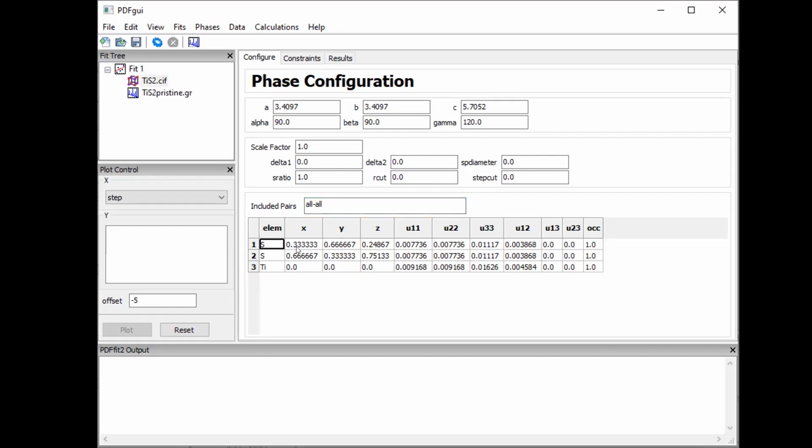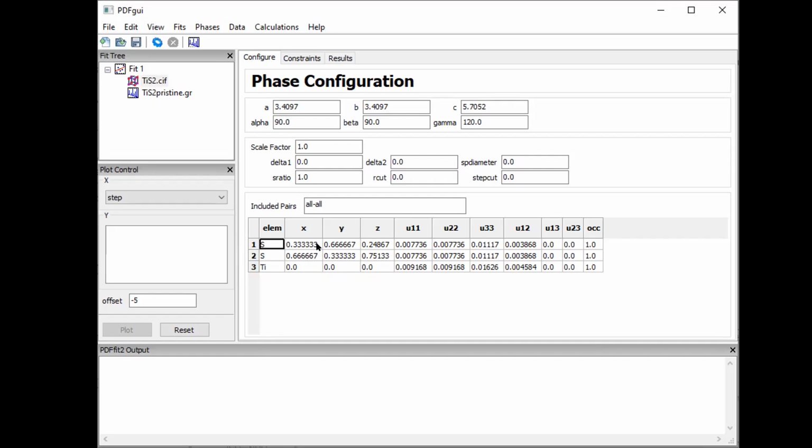We can tell it's listing all the atoms in one unit cell. So if you still remember the titanium sulfide structure we covered last time, we plotted that structure in Vesta software, and we went through the structural information about this phase. If you still remember, sulfur occupies a 2A or 2B Wyckoff site.